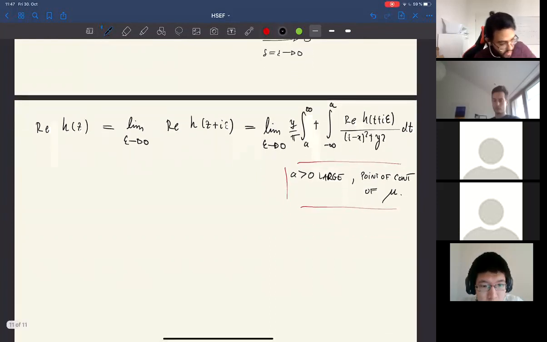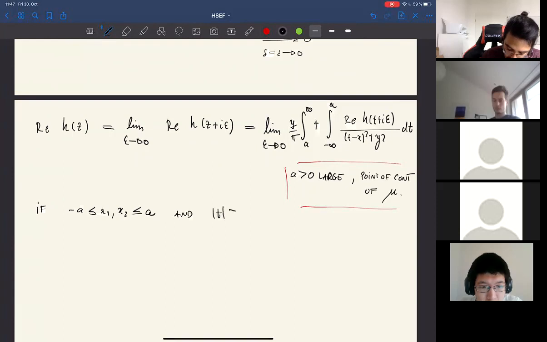So now what you can do is this very simple trick. Let's say minus A, let's say x1 and x2, and let's say t is a value outside, which is exactly the stuff inside this integral.